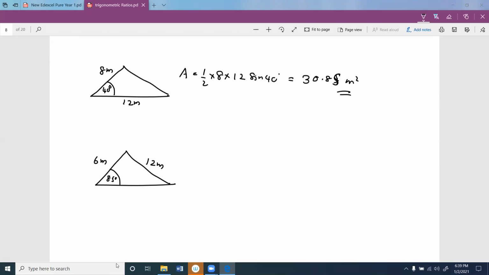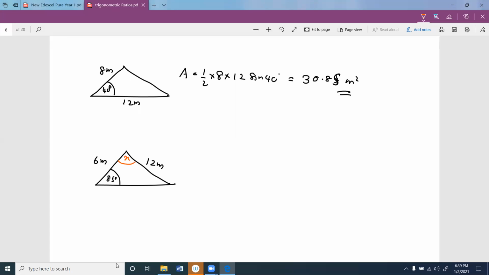So either you can find this side or you can find this angle. Preferably, finding the angle is much easier than finding the sides. Therefore, I'll try to find this angle, which I mark as X.